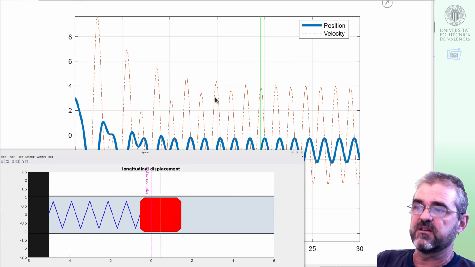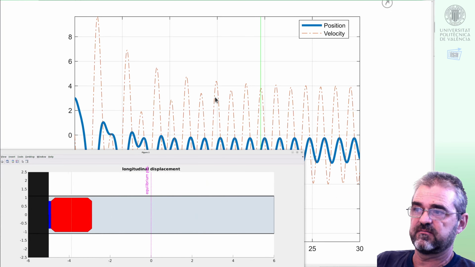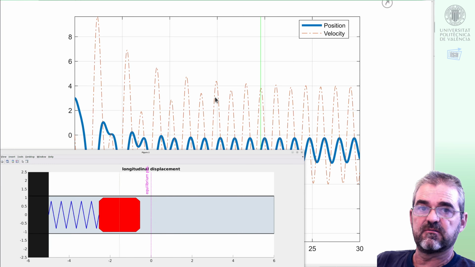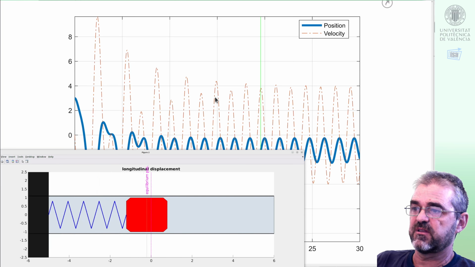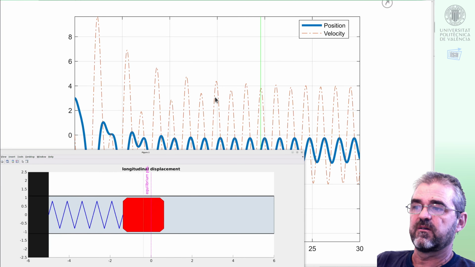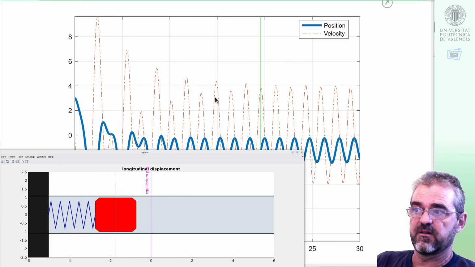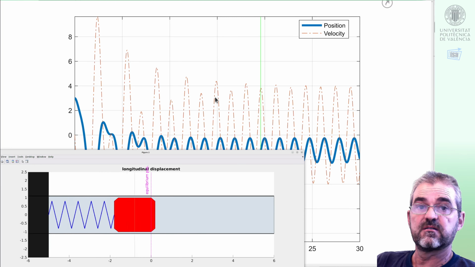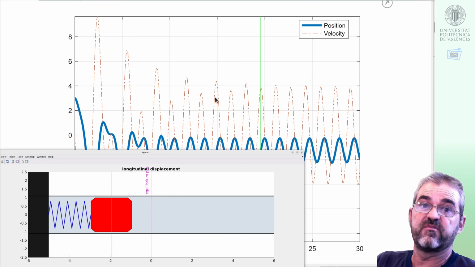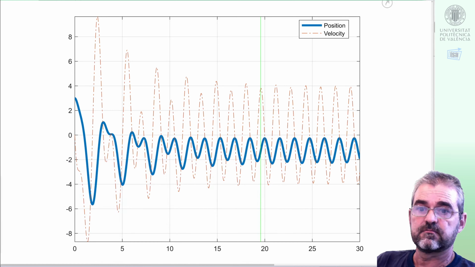we have here the initial transient, kind of erratic behavior, but at the end, now we are already in the steady state, sustained vibration around the new 1.25 equilibrium point, and that would keep forever, but I stop.